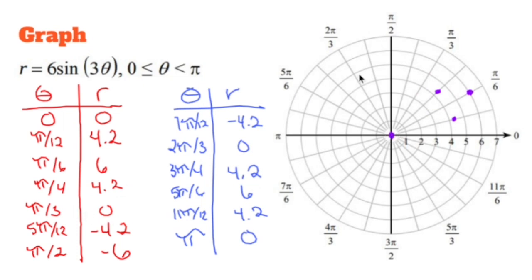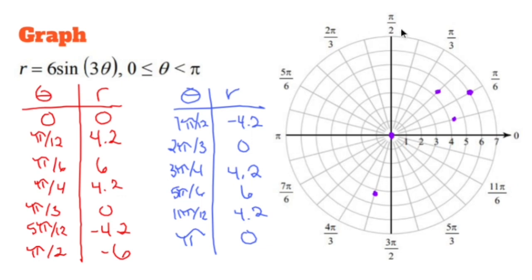What's next? Pi over 3 is going to be 0 again. Okay. 5 pi over 12 is going to be negative 4.2. So if regular 4.2 would be here, then I'm going to follow the line and make sure it's at negative 4.2, which is that guy right there.